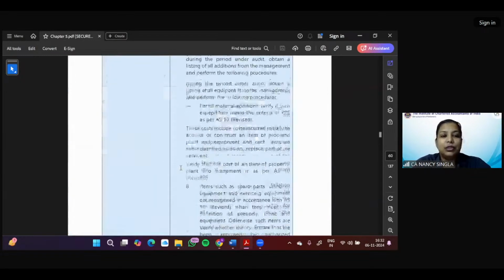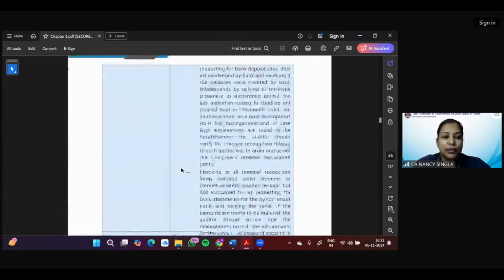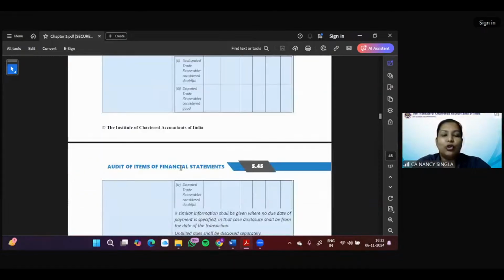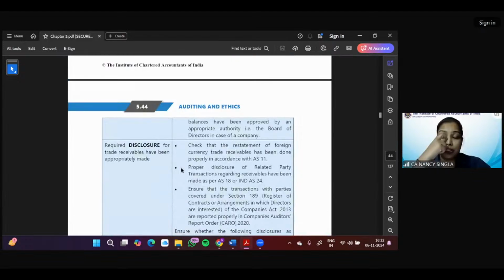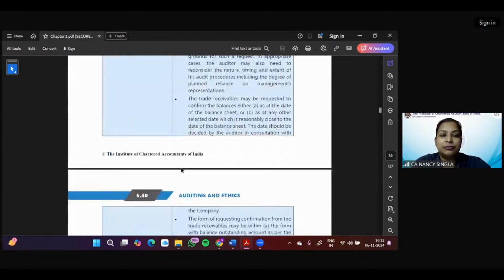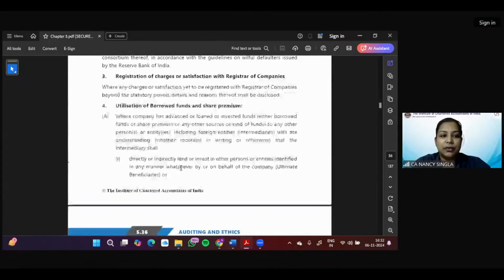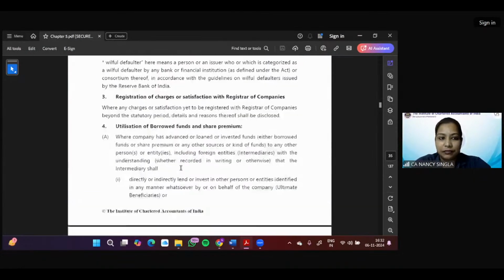Now let us do the additional regulatory information with respect to the borrowings. And one point in common to borrowings and share capital and securities premium is the fourth additional regulatory information, which we will be covering today.